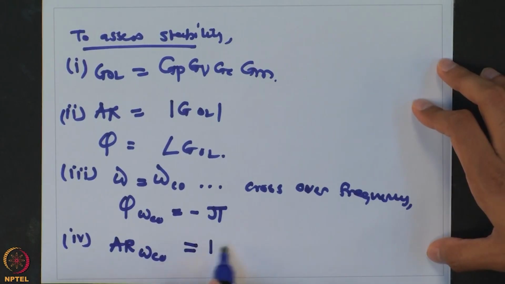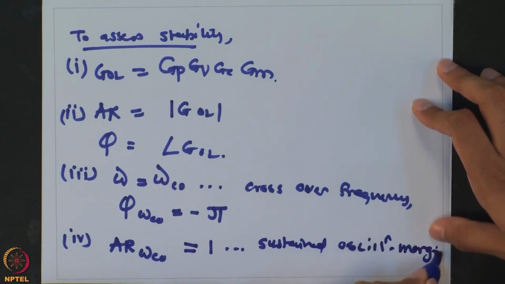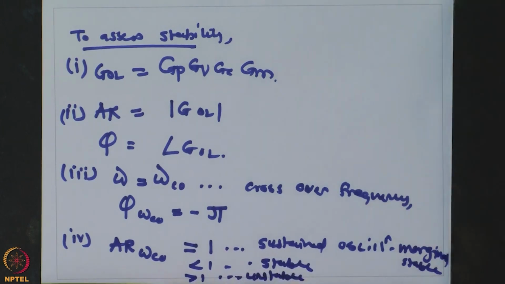If it is equal to 1, you get sustained oscillation or marginal stability. If it is less than 1, it is stable. If it is greater than 1, unstable.